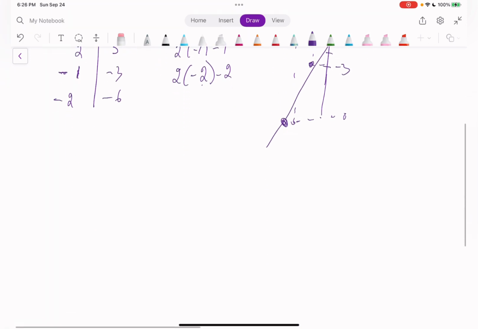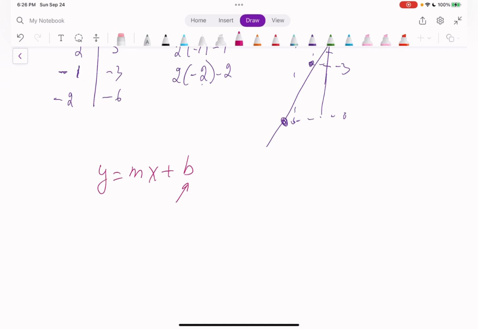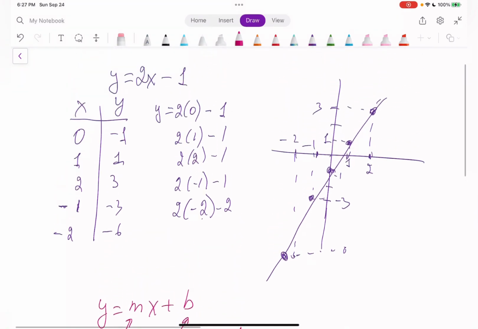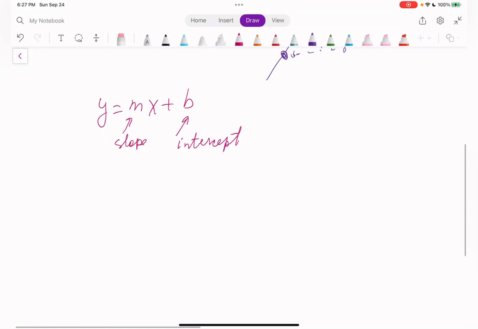The second method is by slope, when we use y equals mx plus b. B is your y-intercept, and m is your slope, okay? So let me do the same graph. Y equals 2x minus 1.